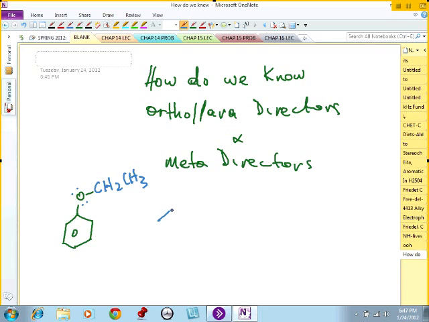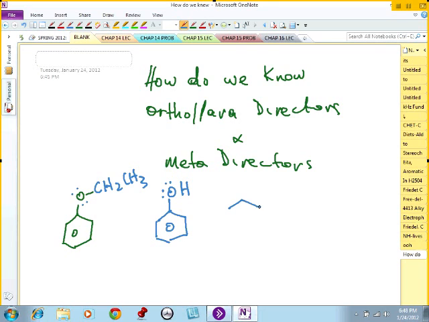The same thing here. If you look at most of the ortho-para directors that are activators, for the most part, the atom that is attached to the benzene ring has non-bonding pairs of electrons.